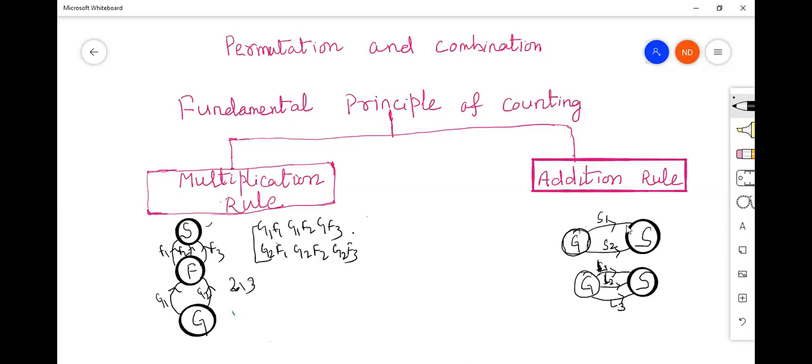The total number of ways you can reach from the ground floor to the second floor is 2 into 3, 6. So this we call the fundamental principle of counting. Now, the fundamental principle of counting, we divide into 2 types: one is the multiplication rule, the other one is the addition rule.